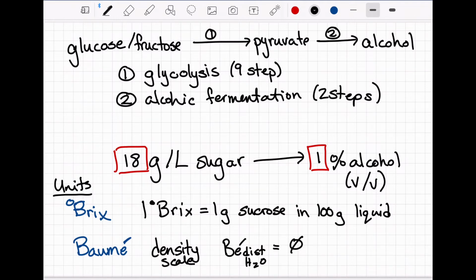We're going to come back to Baumé at the very end and see how it relates to percent alcohol. So let's get started with a calculation to go from our sugar into a potential alcohol at the end of a fermentation.